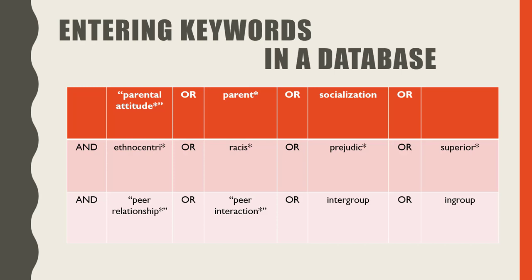You have to be very careful because sometimes when you truncate, you can truncate back too far. So if we look at RACIS with an asterisk, it will pull up racist or racism, but it will not pull up race or racial. But I have to be careful because if I go too far back, I might pick up words that I don't want. So if I did RAC and asterisk, I might end up with words like racehorse or racetrack.